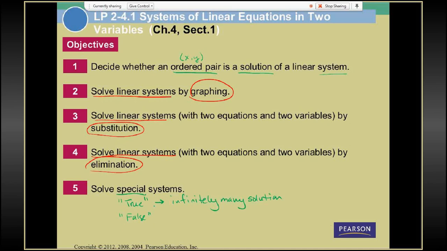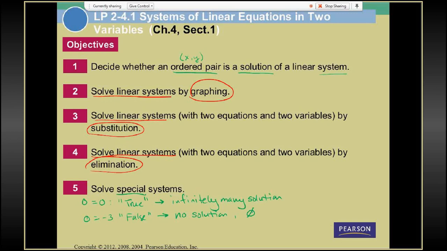I don't know if we'll get to them today because I'm going to fly through this stuff, okay? And then we have to start 4.2. If it's a false statement, like true would be like 0 equals 0. That's a true statement. What if you get 0 equals -3? That would be false. Then you would say no solution. So essentially that's it. Now remember, the book might have an empty set. That means the same thing.